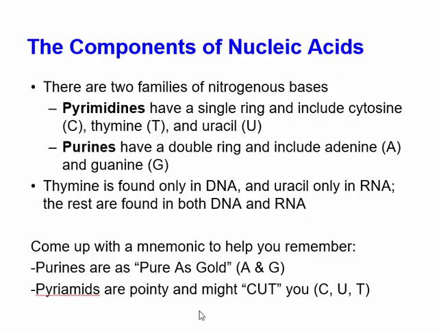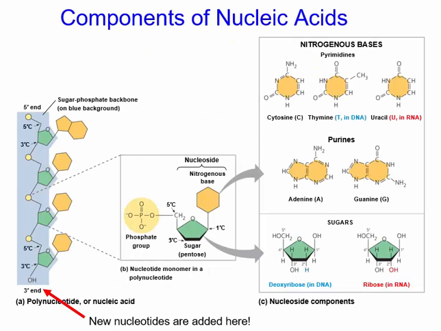You can come up with all kinds of mnemonics to help you remember this, but one that I learned a long time ago was for purines: think pure as gold. So purines are adenine and guanine, Ag. And for the pyrimidines, you say pyramids are pointy and might cut you, C-U-T. Again, come up with whatever works to help you remember that.